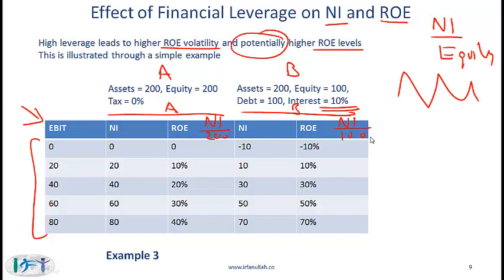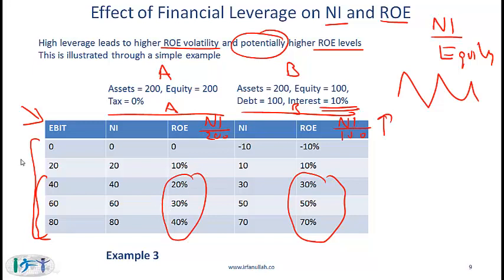So because the equity number is lower, that in general is going to have a positive impact on ROE. That is why you notice that for relatively high EBIT numbers, the ROE for company B is more than the ROE for company A.